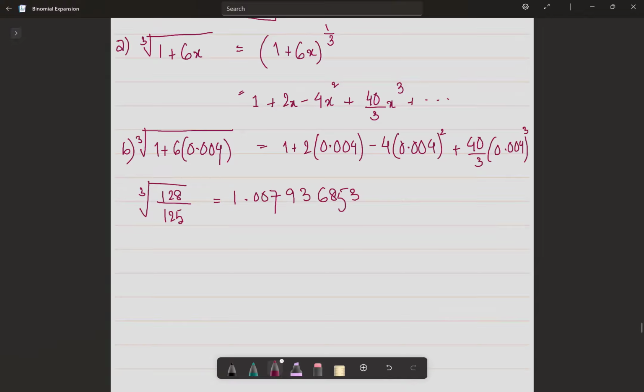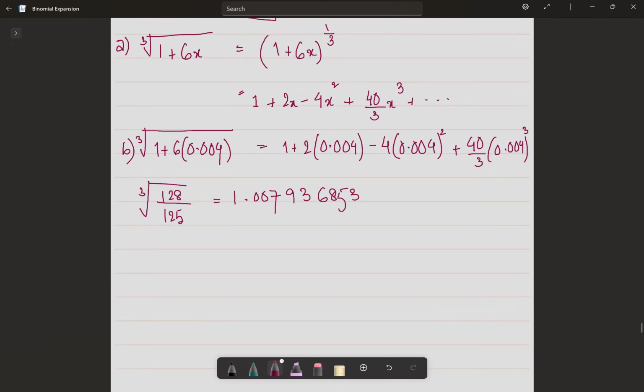We are going to use the entire value to maintain the accuracy of the question. The estimate that is asked in the question, to get a very precise answer, we are going to use the entire value that our calculator displays. Now, we have cube root of 128 in here, and then cube root of 125. So we know if you have a cube root over the entire thing, the root gets distributed.